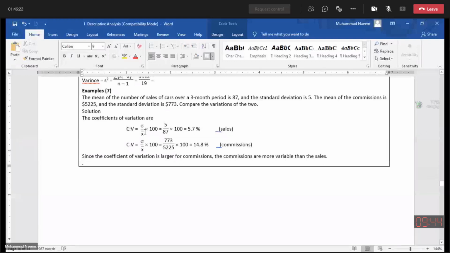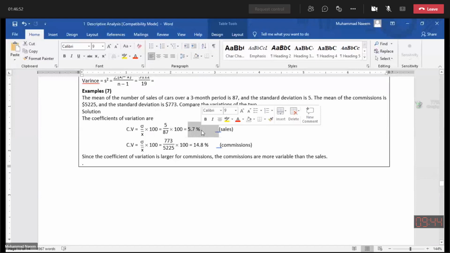Coefficient of variation, again, very simple: sigma by x bar multiplied by 100, and we express it in percentage. We use this measure for comparison. We have two sets of data, and calculated there the coefficient of variation.